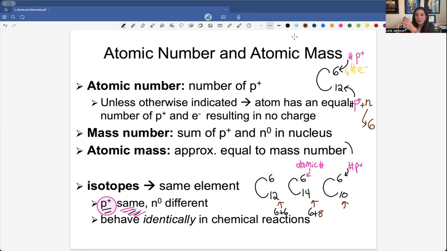And 10 would be 6 protons, but only 4 neutrons to get to 10.